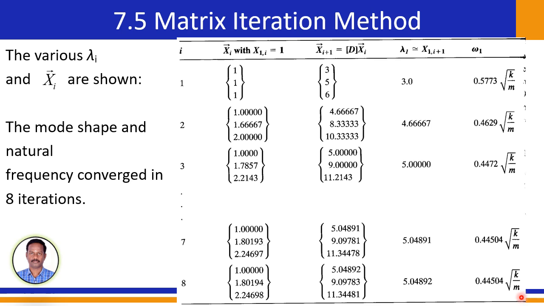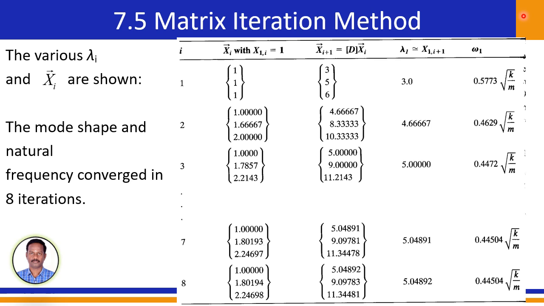This indicates that the mode shape and natural frequency converged in the 8th iteration. This means that after 8 iterations, changes in the eigenvector and natural frequency become negligible, and we have a good approximation of the first natural frequency and its corresponding mode shape for this 3 mass spring system.